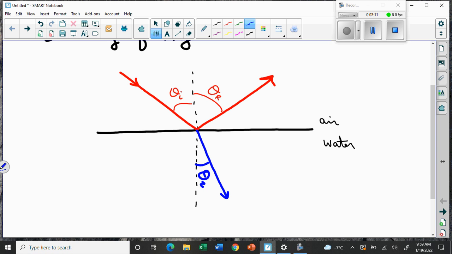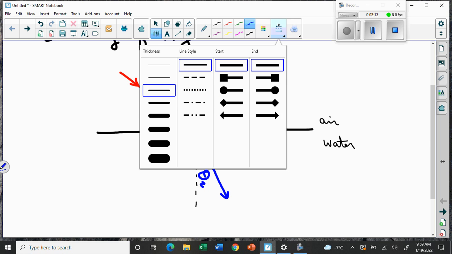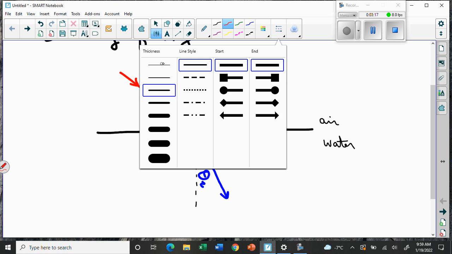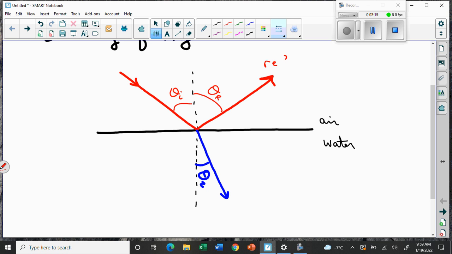This is the refracted light. Okay? Up here we have the reflected light ray, then down below we have what's called the refracted light ray.